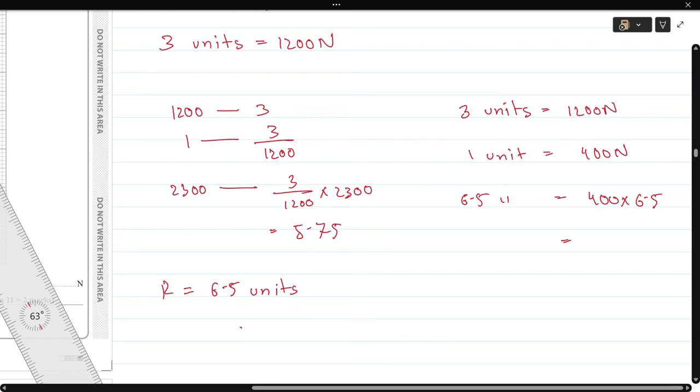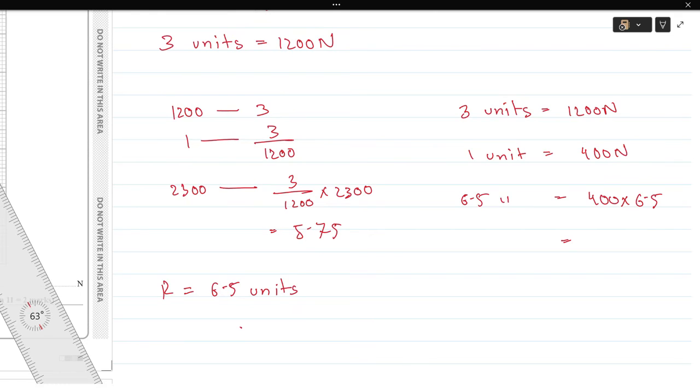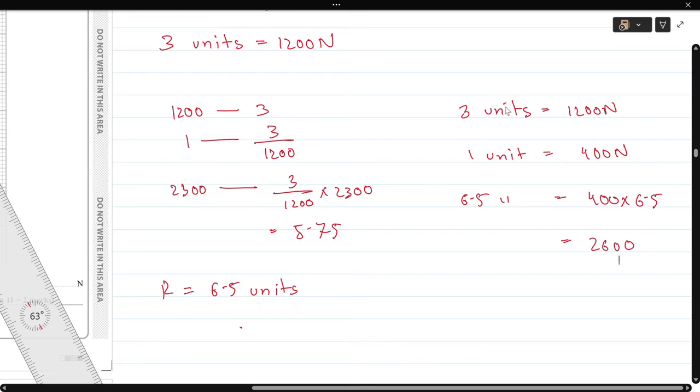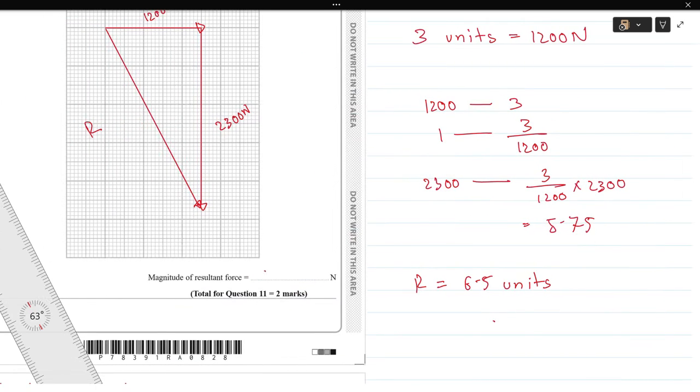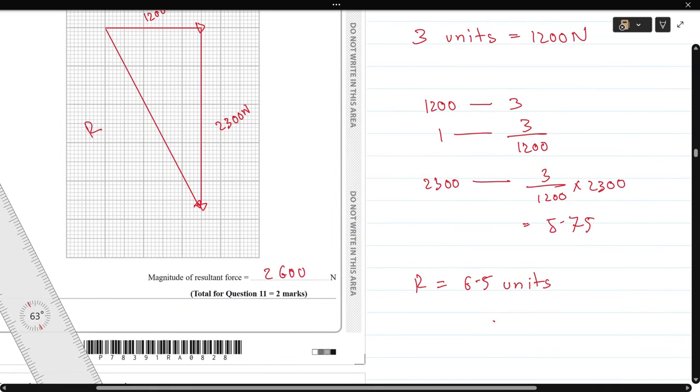Sorry, not Newton. So the answer would be 2600 Newton. If you check the marking scheme, it says that any answer between 2550 and 2650 is the correct answer. So over here we have to write 2600 Newton.